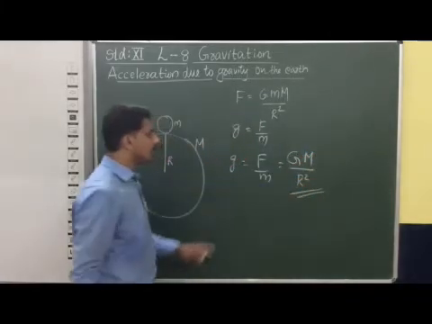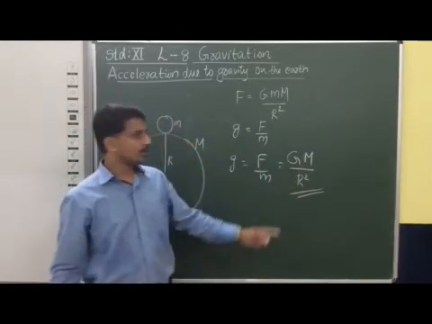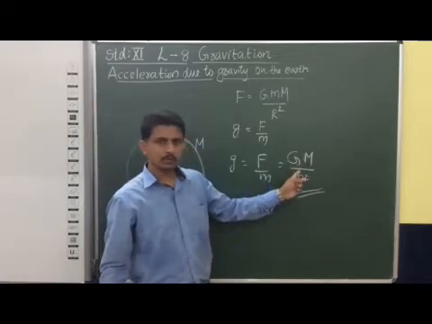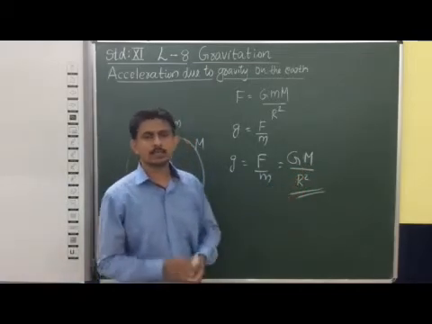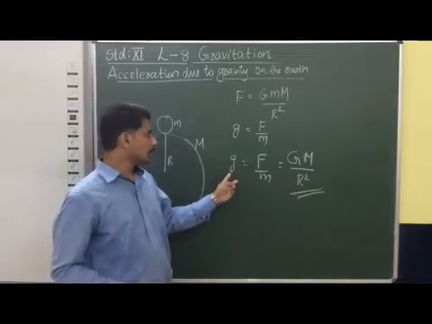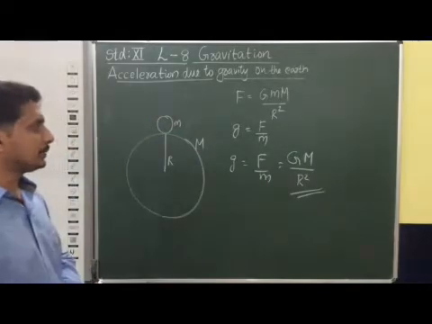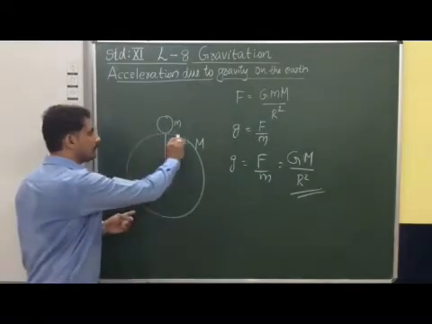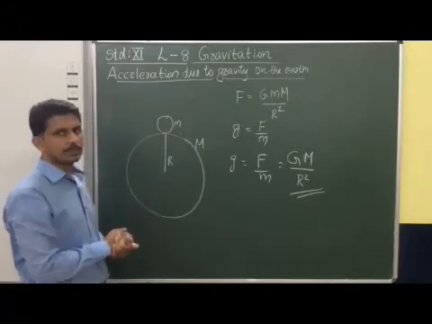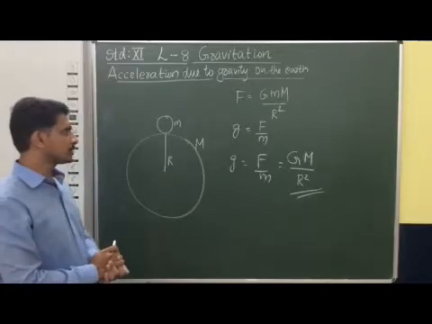So the value of g we get is G M divided by r square, where G is the gravitational constant, M is the mass of the earth, and r is the radius of the earth. The value of g is therefore a constant, so we can say that the value of g on the surface of the earth remains constant.